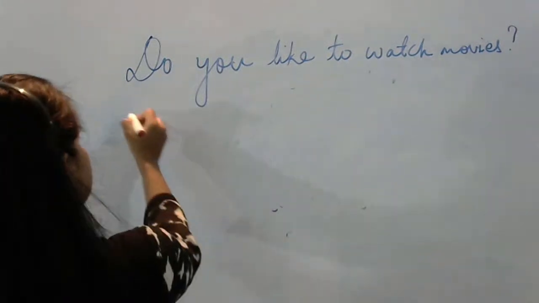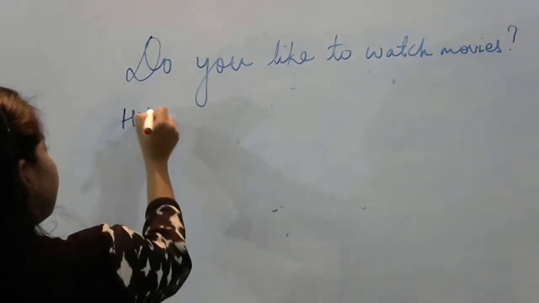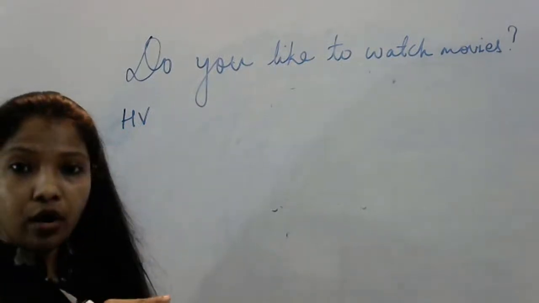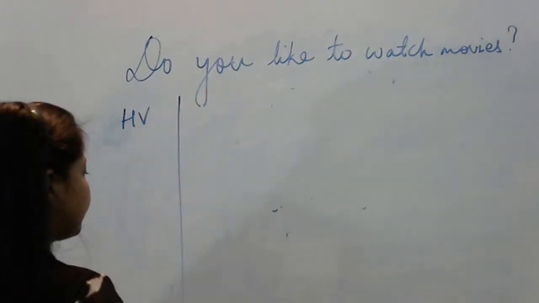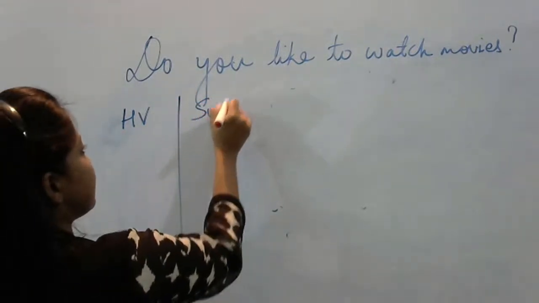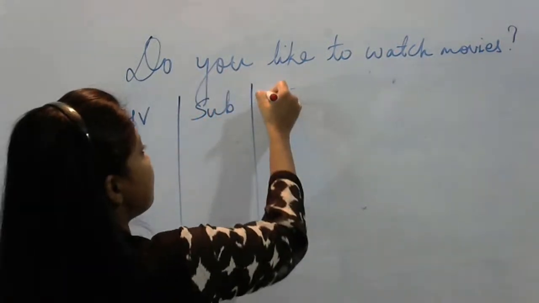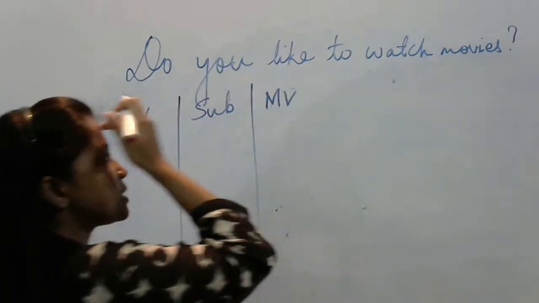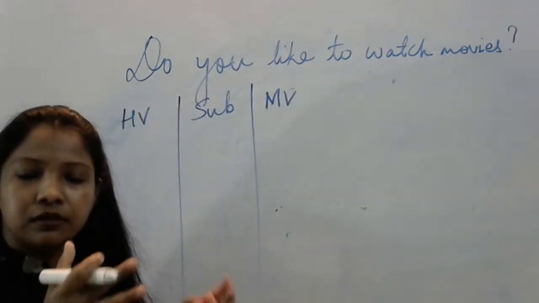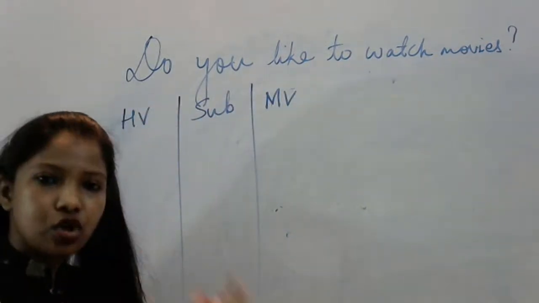The structure is: first is the helping verb or auxiliary verb. Then is the subject, you. Then is the main verb. जो main verb है आपका sentence में, like, want, tell, talk, ये सब.